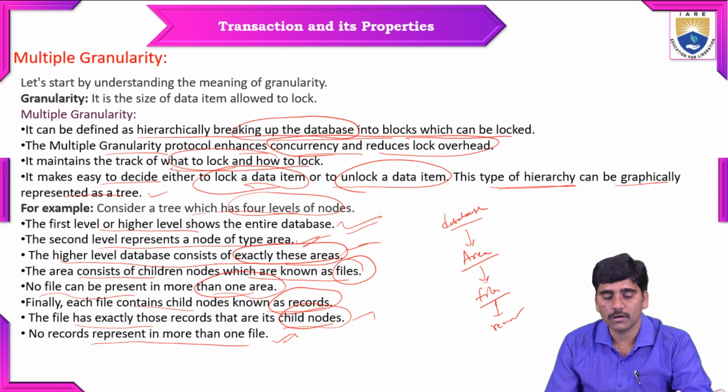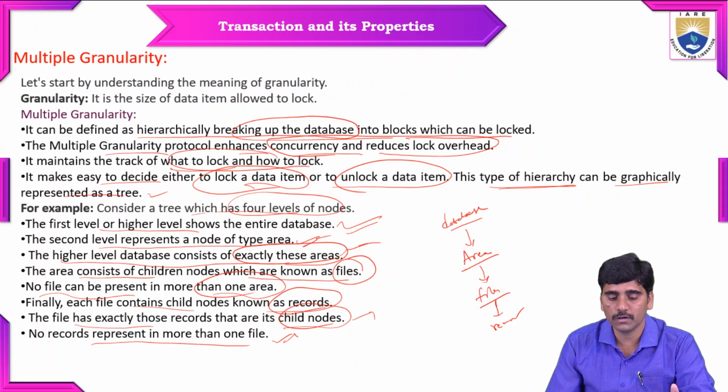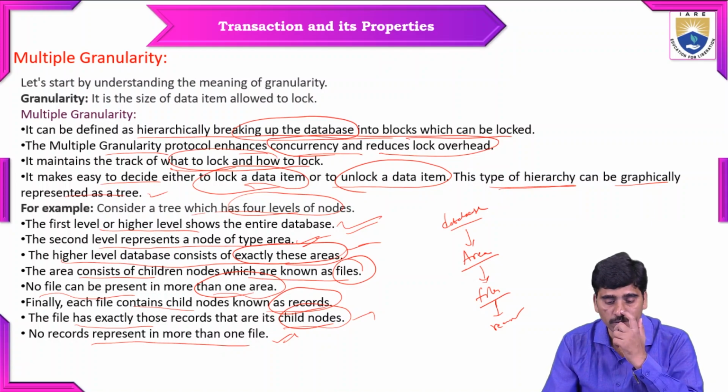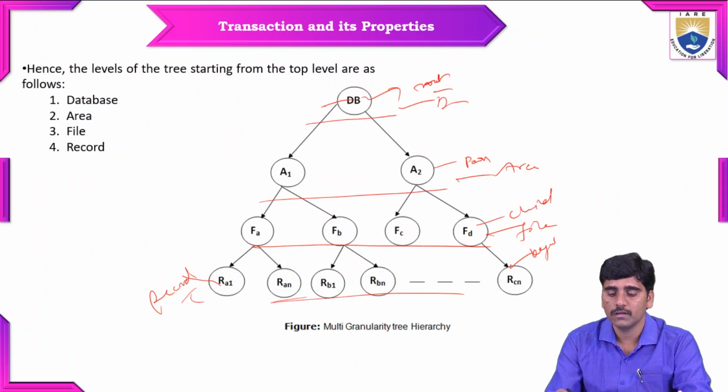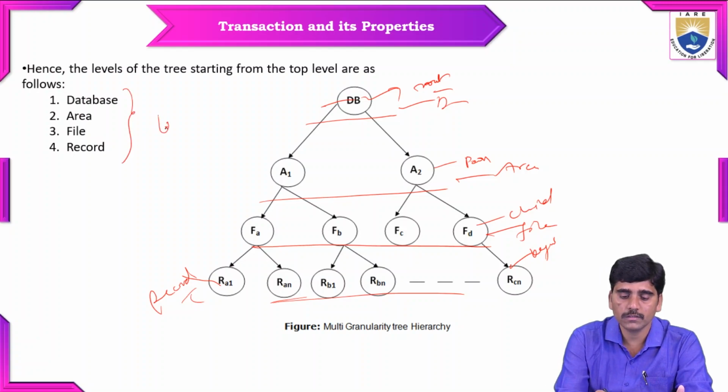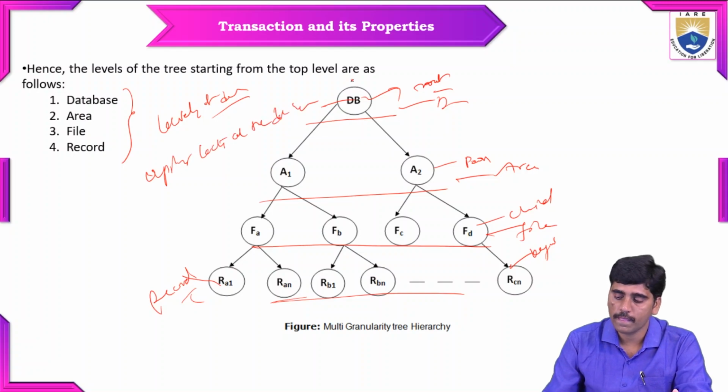To avoid all this, we can apply locks at different levels, which is called multiple granularity. That means applying locks at different levels of the database, like database, area, files, and records.